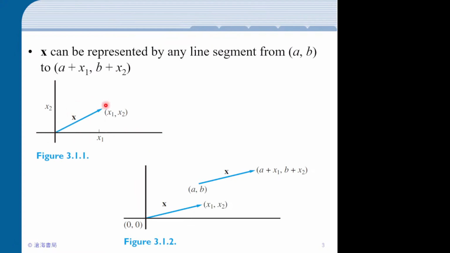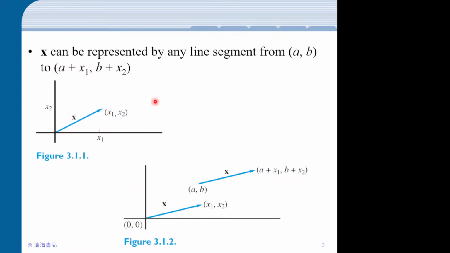It is the vector that's from 0 to, let's say, so we don't have xy, it's a little weird. So x equal to x1 and y equal to x2, like this. So it's a vector. And in high school, we know that we can translate this vector anywhere on the plane, right?